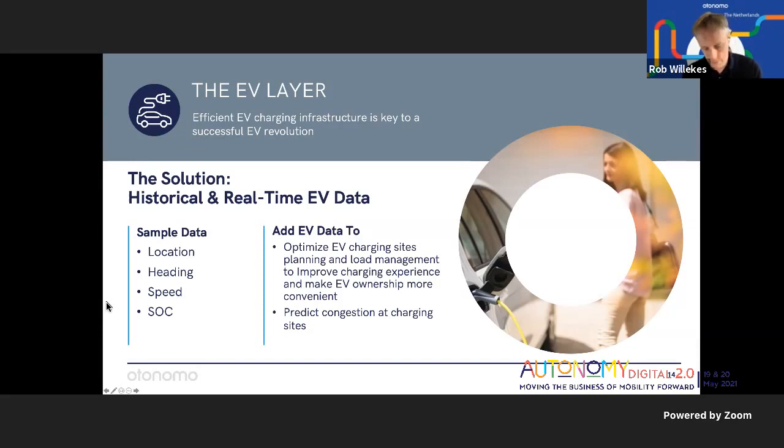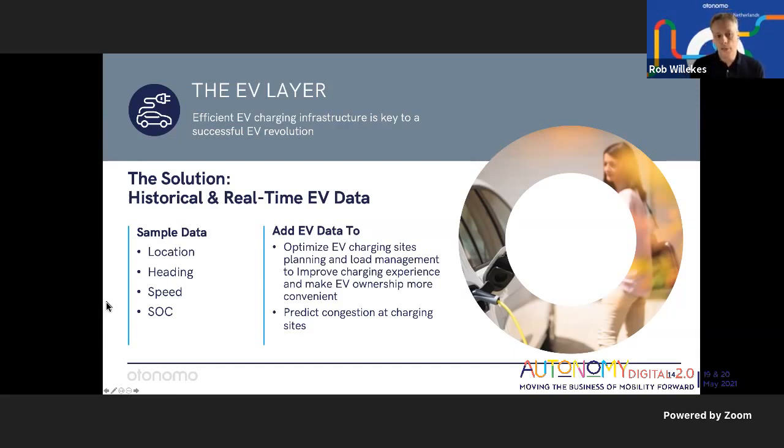So again, we can supply historical and real-time EV data, and historical data could be used to understand where these cars are driving in terms of location, but also where they are charging, and how we can build an optimal charging infrastructure so all these cars can get charged.